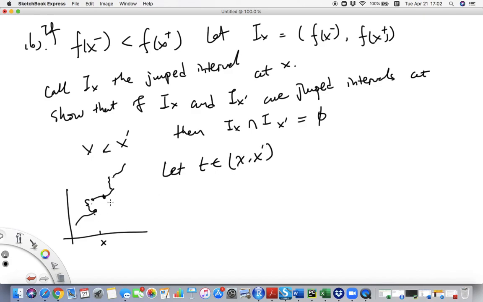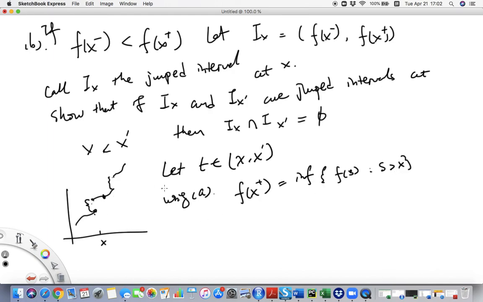So t is somewhere over here. Since f is increasing, using part A, you can similarly show that f of x plus is the infimum of f of s with s greater than x, right?